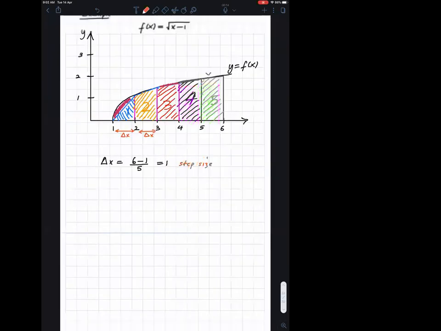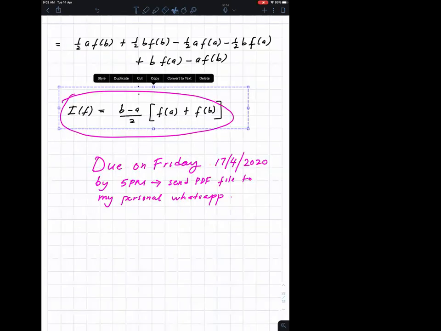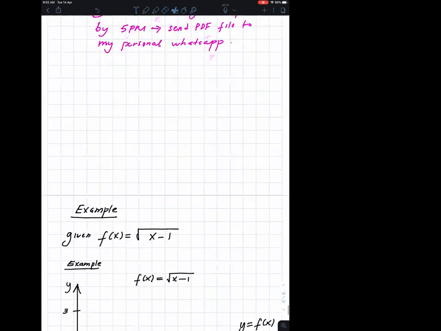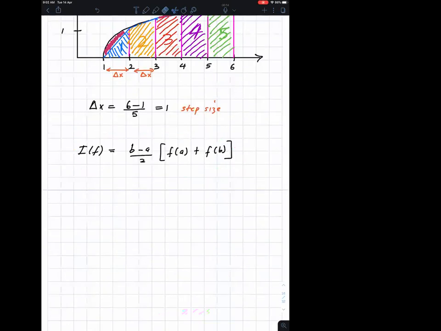Looking into this formula here, so right here, this is your step size, delta x. That's your step size.